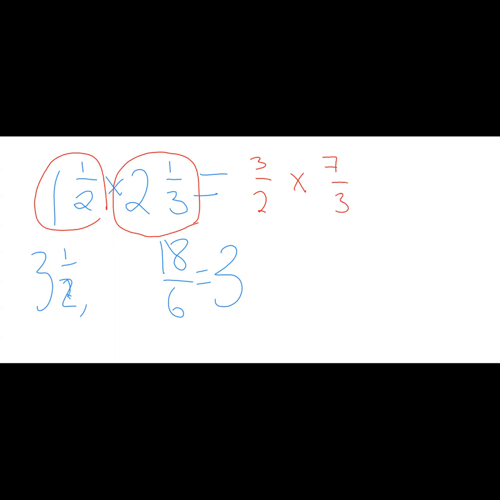7/3. Well done, Matthew. So now 3 7s, 21, divided by 6. We now need to find how many whole groups of 6 I can get from 21, or better yet, let us cut it down.